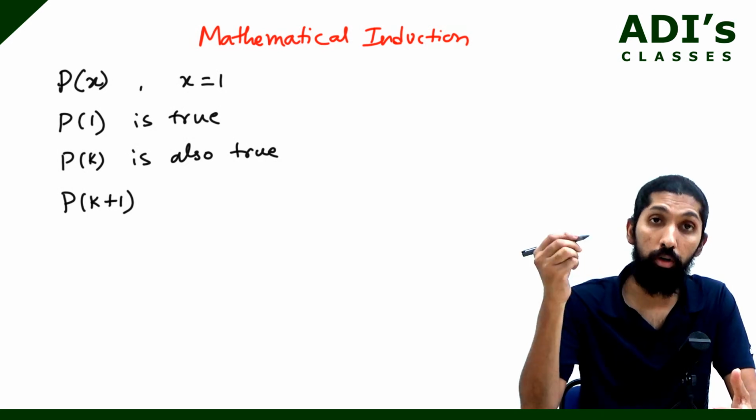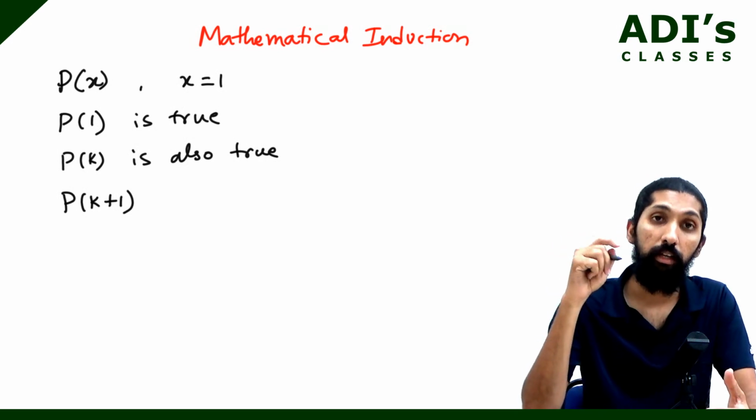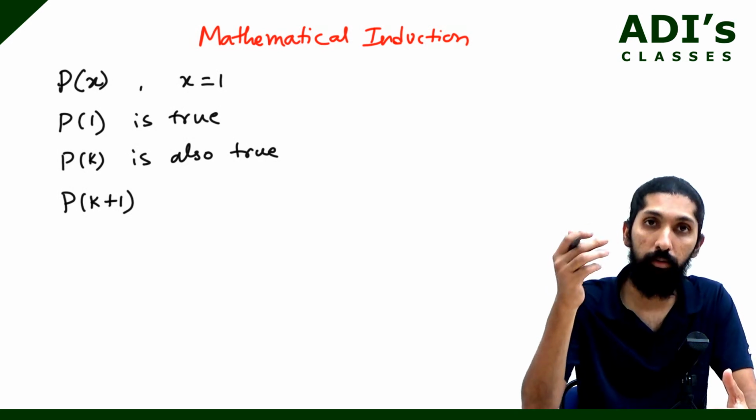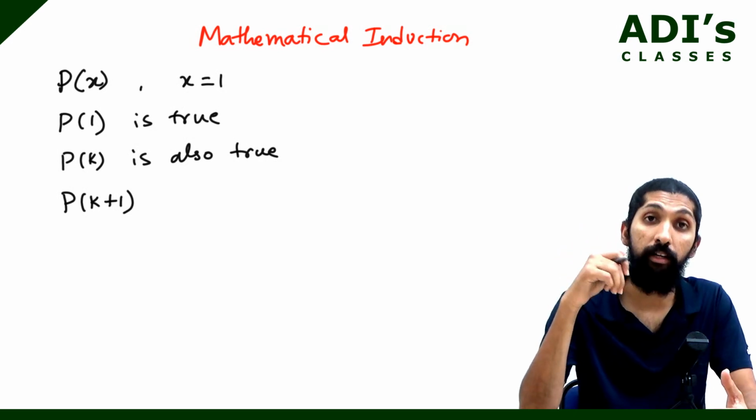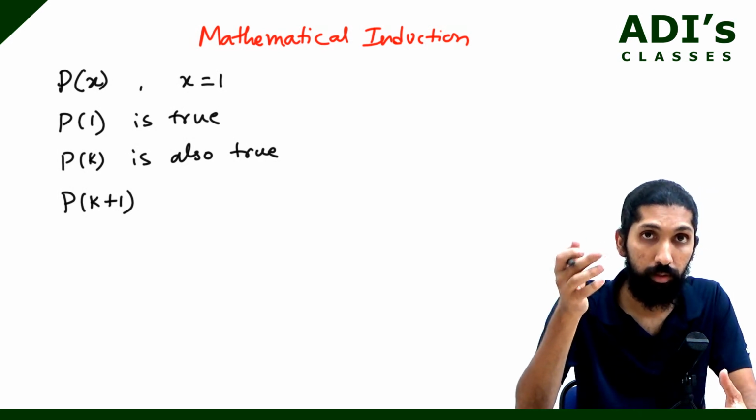Suppose it was not true for n number of terms, and if you take some value k plus 1 and it doesn't satisfy, then you can say that p of n is not true, correct?